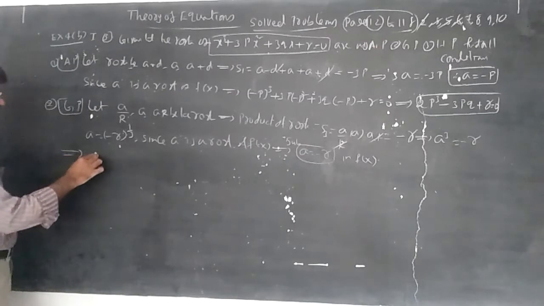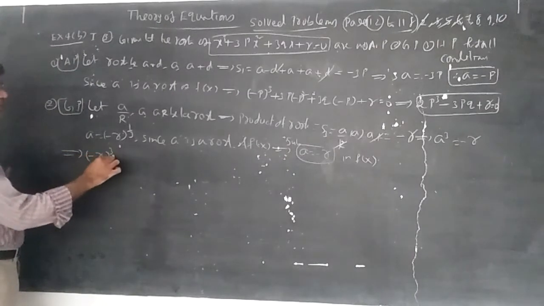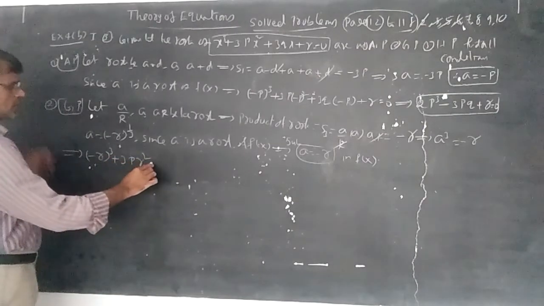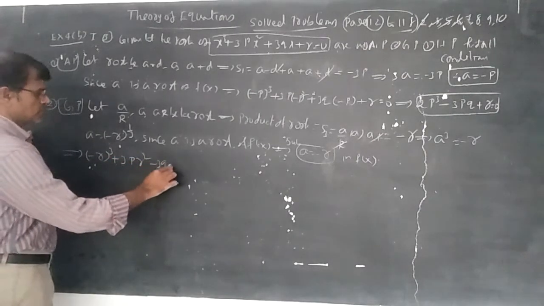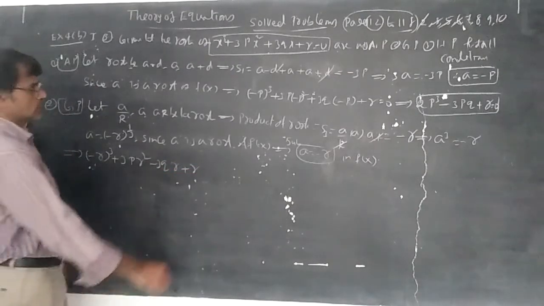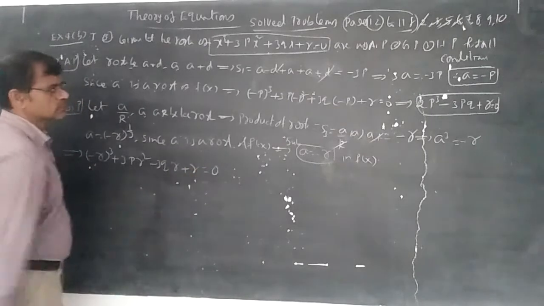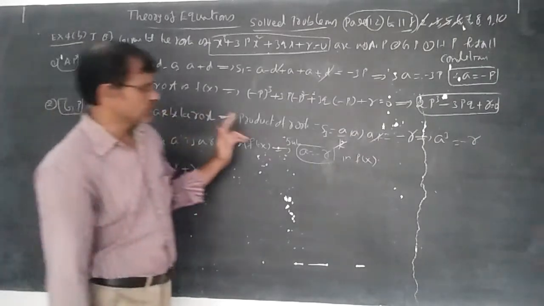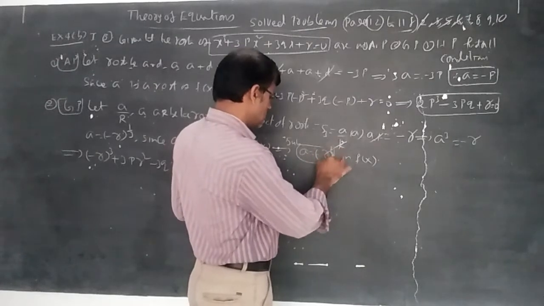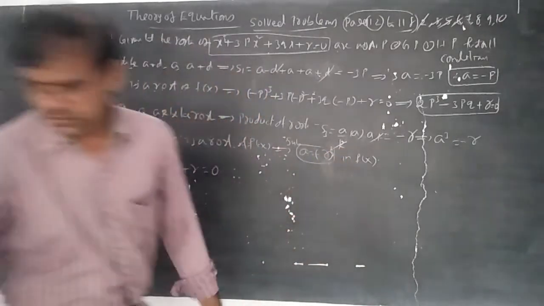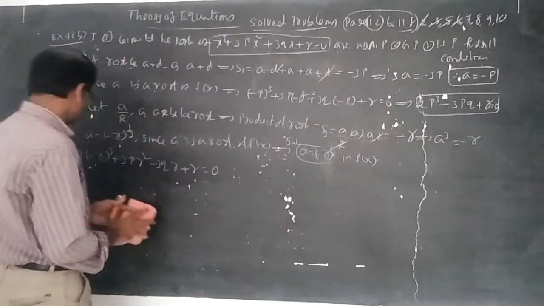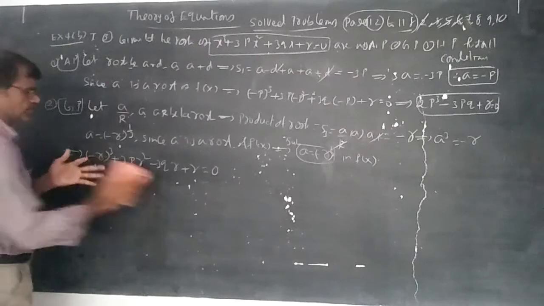So it becomes minus r whole cube plus 3p into r square minus 3q into r plus r is equal to 0. Students, a is not equal to minus r here; a is equal to minus r power 1 by 3. So a is equal to (minus r) whole power 1 by 3.